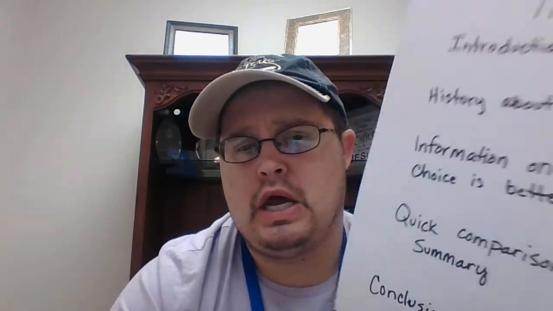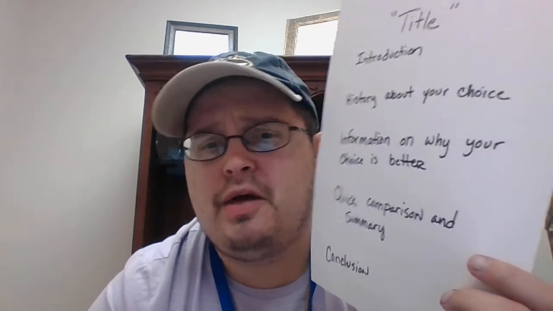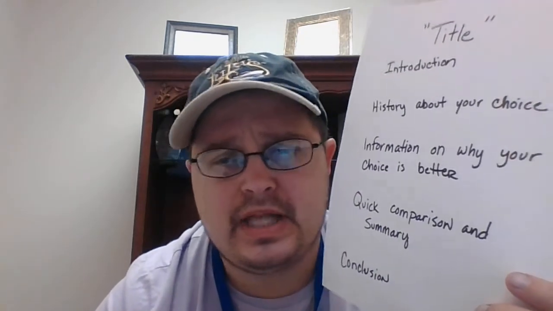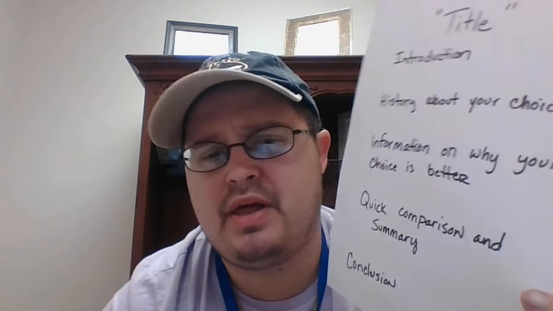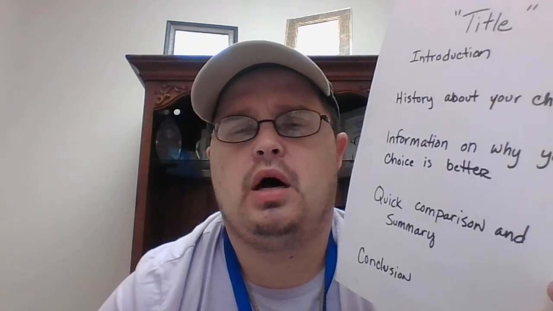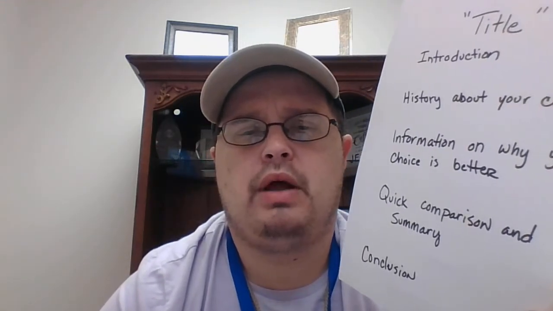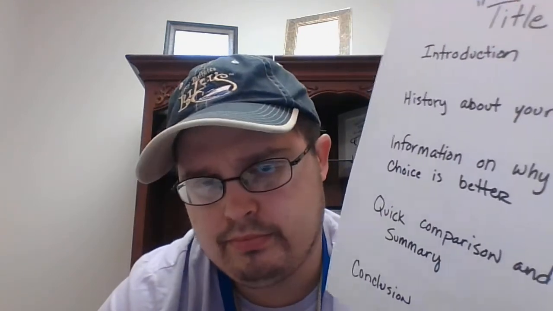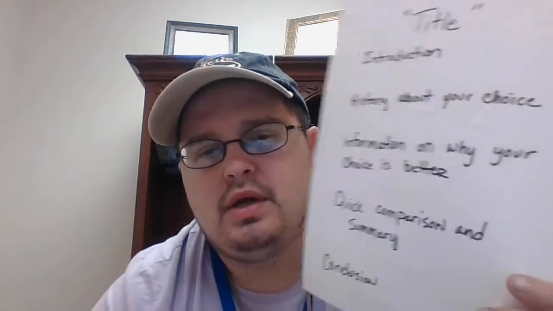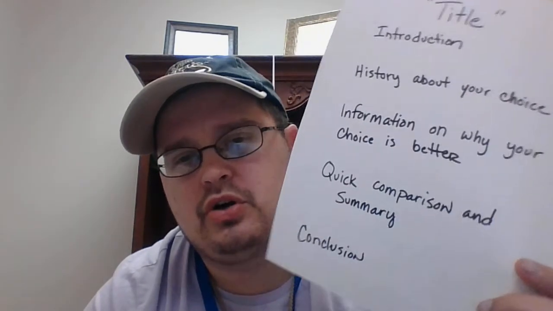So you're going to say, yes, they both have little pawn pieces to play, but my game is better because it has this amount of squares and this amount of players, and my game has been played longer, blah, blah, blah. Okay? And then you'll wrap it up with your conclusion.